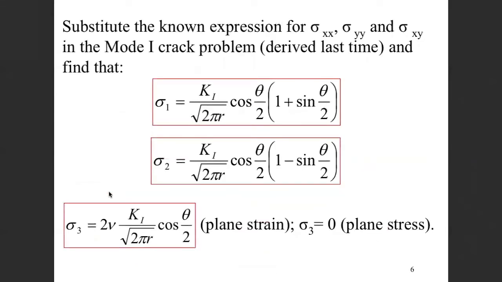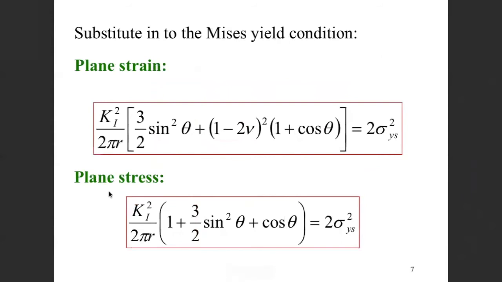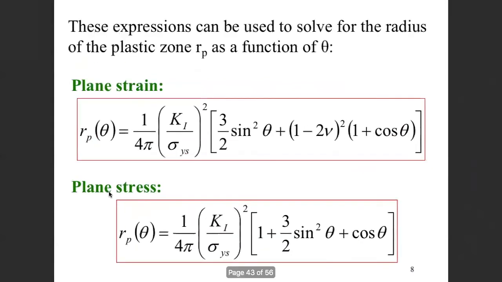But basically, then you get the principal stresses as a function of the stress intensity factor and the theta angle and r in terms of our polar coordinates. And we can plug that into our von Mises yield criterion.